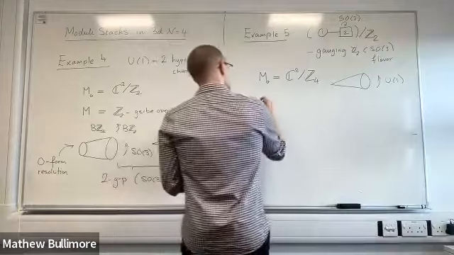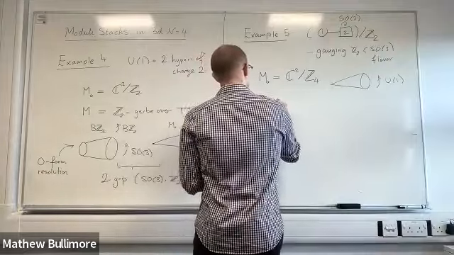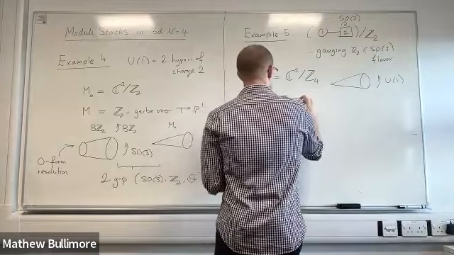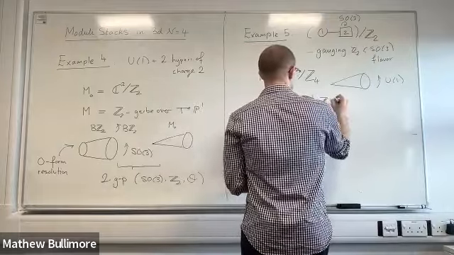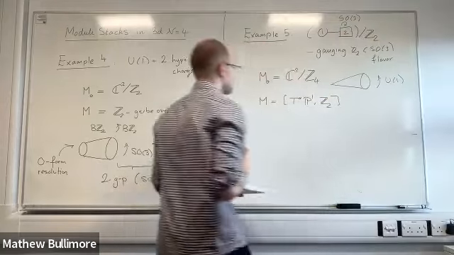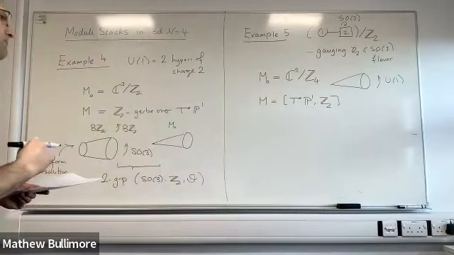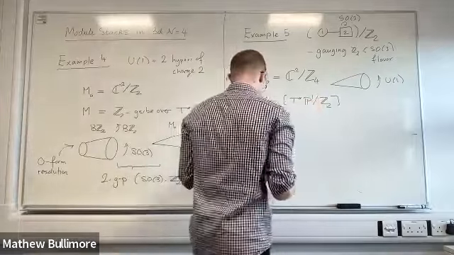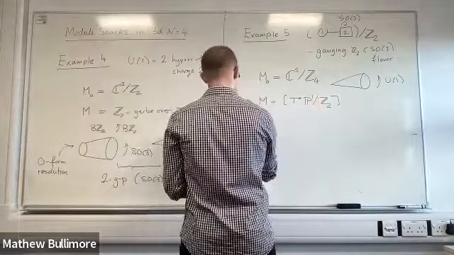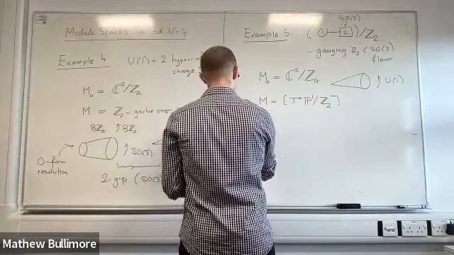But then what about the resolution? What about the stack? Well, that looks like the following. You take T star of P1 and you take a Z2 quotient of it. So let me try to draw a picture just to illustrate what's going on.